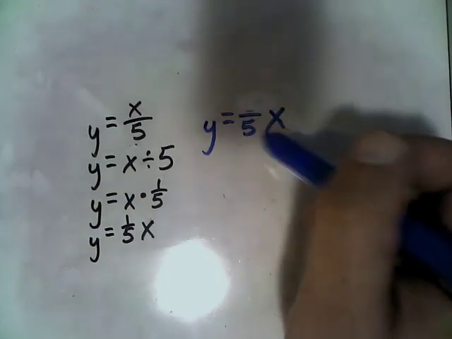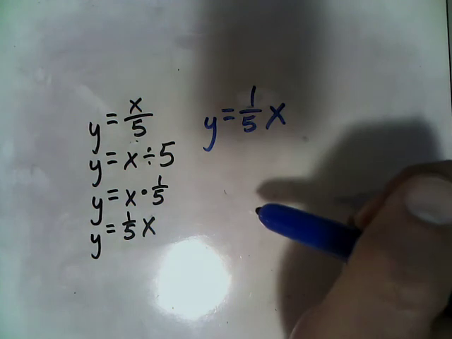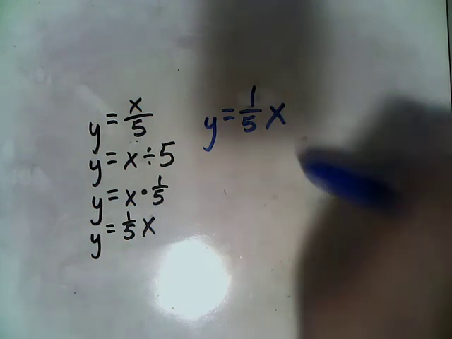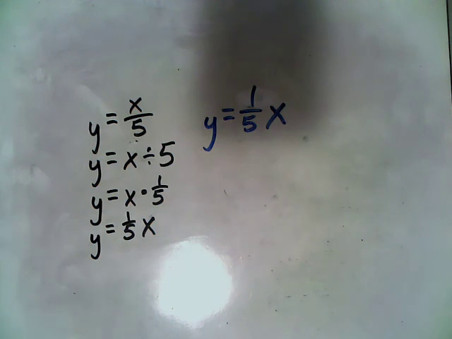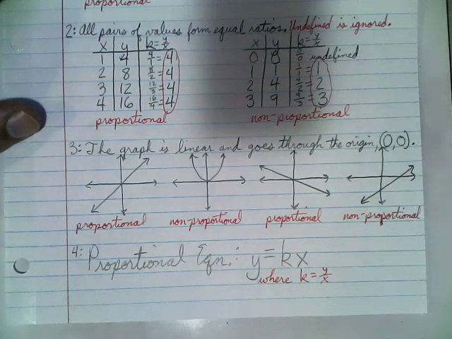Now, what does that empty space get filled with? A 1. So y equals 1/5 x is the same as y equals x over 5, and therefore is proportional. And that, ladies and gentlemen, is the end of our lesson.